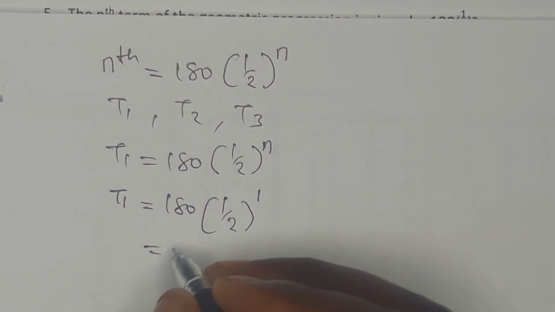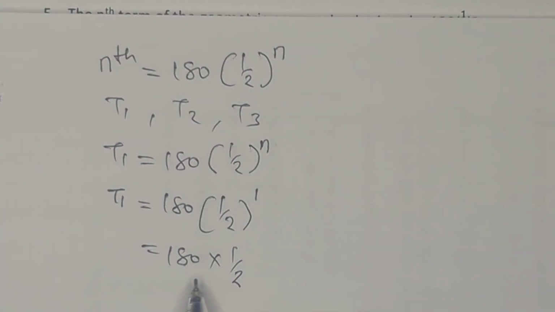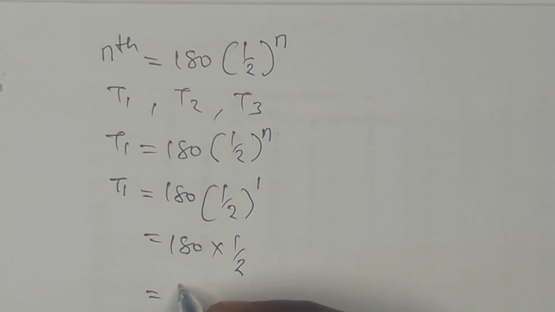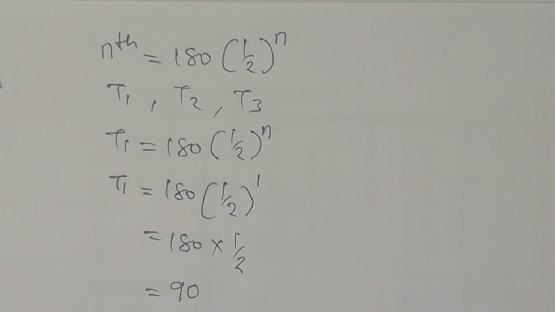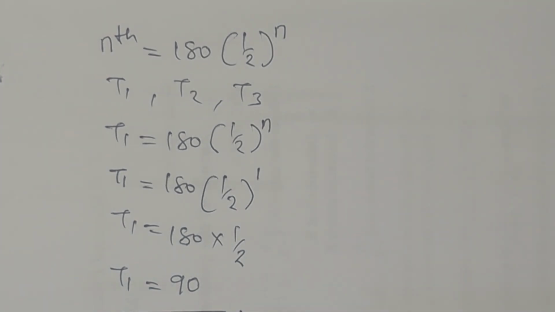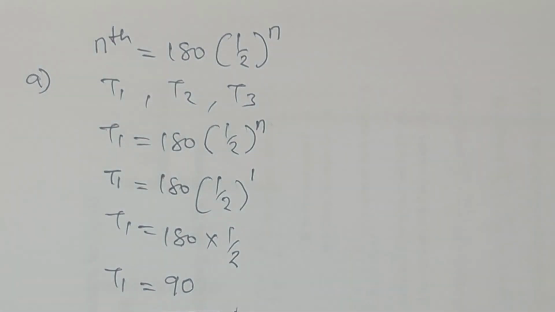So this is going to be 180 multiplied by a half. If we multiply 180 by this fraction, which is a half, it will give us 90. So 90 becomes our T1, which is the first term. So this is number A.